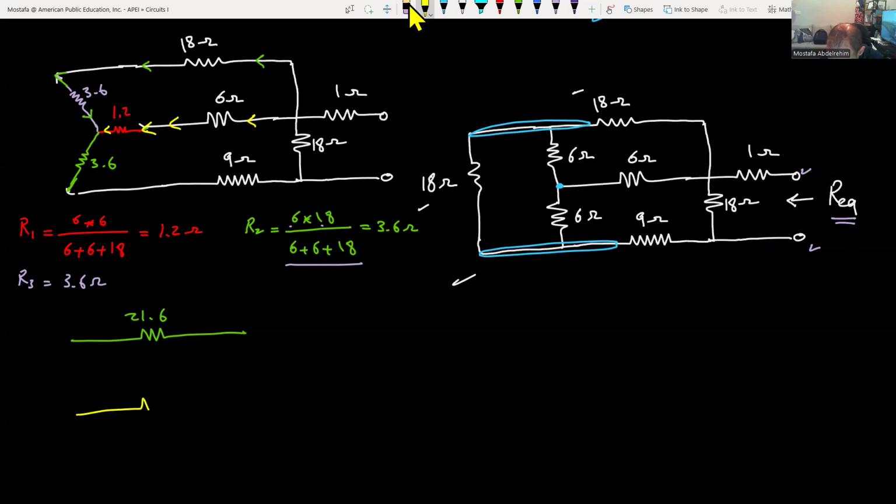So in the middle branch here, you're going to have 7.2. And in the bottom branch, you have the 9 ohm in series with 3.6. You have the same current. So that's basically 12.6.